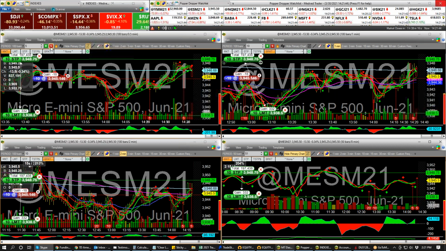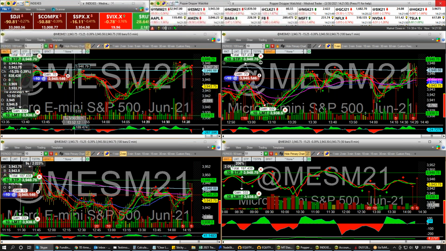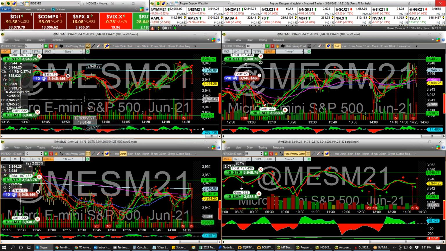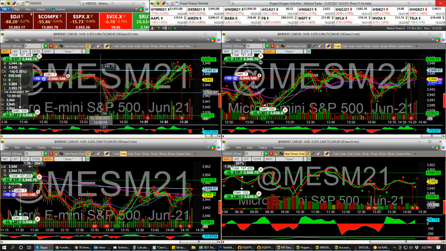Right back over. Now it's dumping quick. Look how fast that just rolled over. Yeah, this is a really tough day. See, that would have sucked, actually, come up, hit the stop, and then roll right back over.